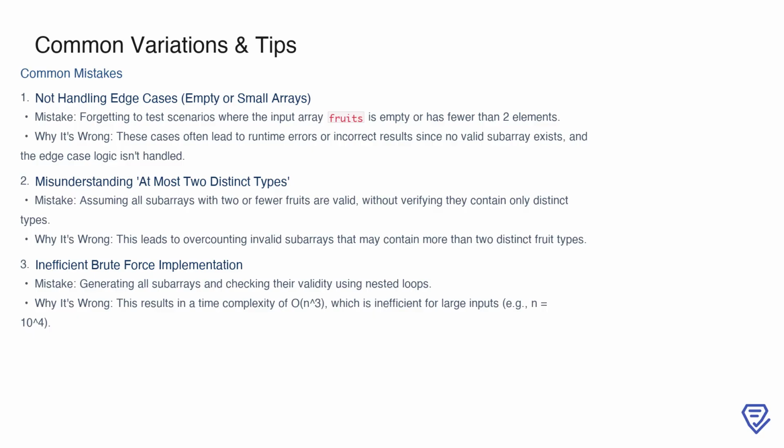It's important to ensure that subarrays actually contain only 2 distinct fruit types and aren't overcounted by mistakenly allowing invalid subarrays with more than 2 types. Additionally, brute force implementations, while straightforward, are highly inefficient in this context. Generating all subarrays and checking their validity using nested loops results in a time complexity of O(n³), which becomes impractical for larger inputs, such as arrays with tens of thousands of elements.